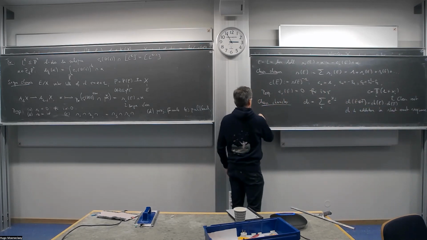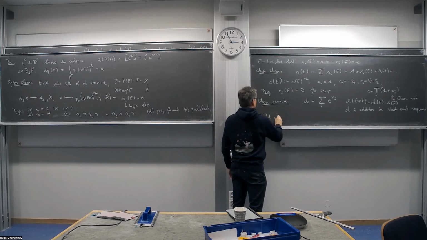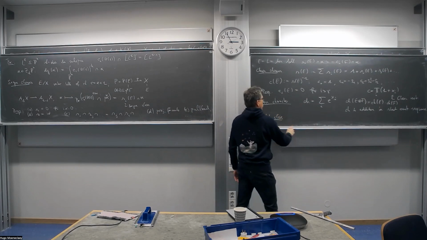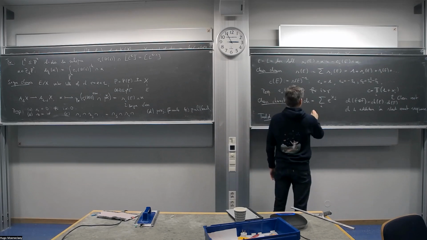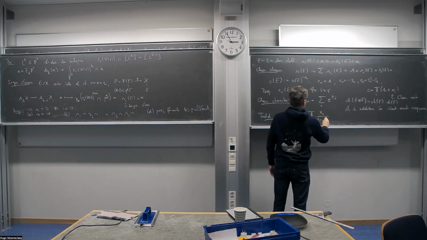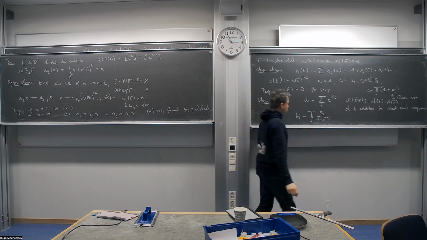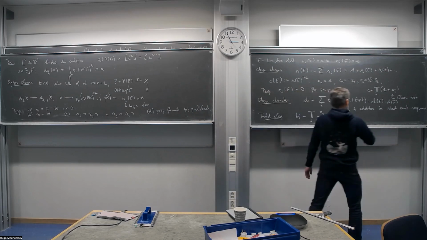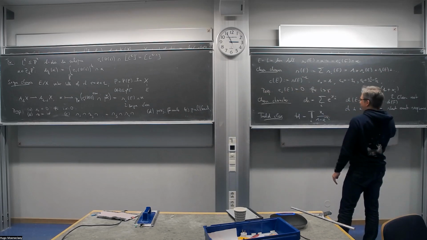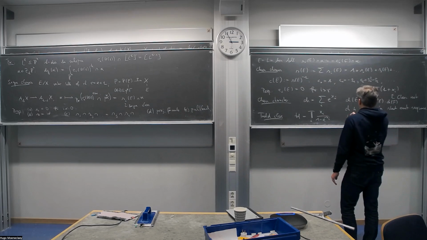And I can also define the Todd class, which is given by the product over x_i over (1 minus e to the minus x_i). But this is obviously symmetric as well, and this is multiplicative in short exact sequences.